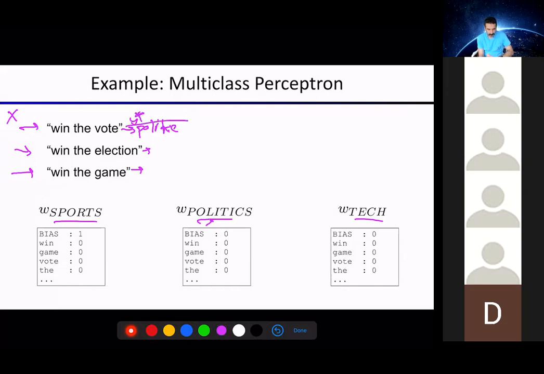Win the election, again politics. Win the game, sport. So these are the Y star. These are the current weight vector, and for each of these examples we can calculate f of x.